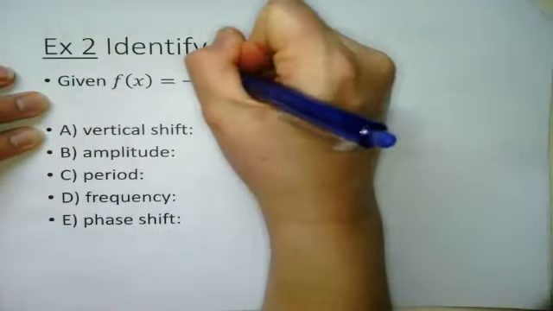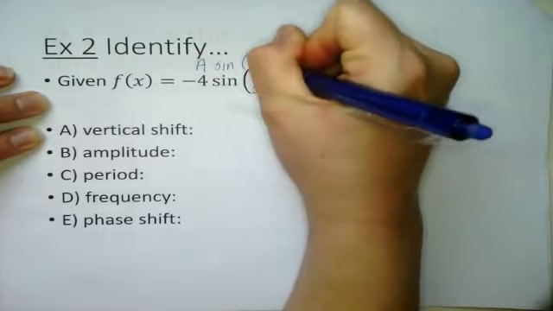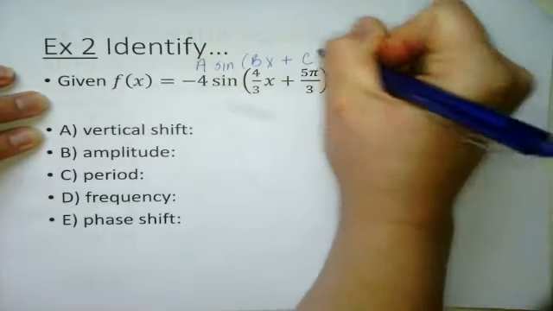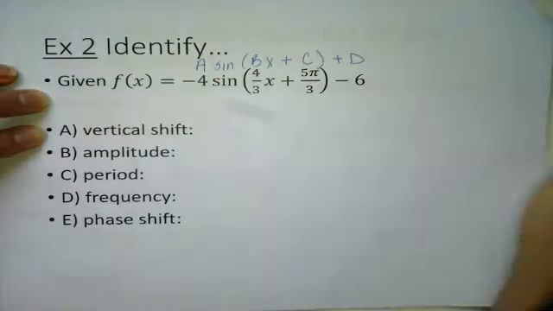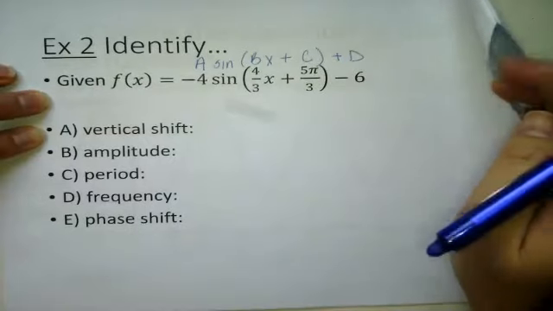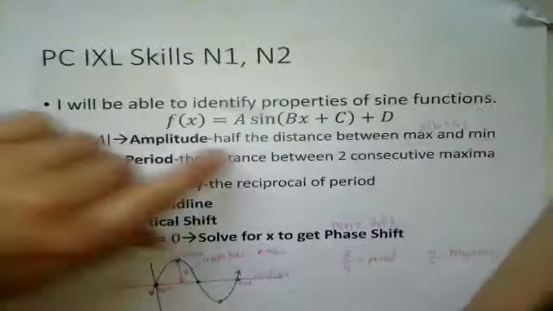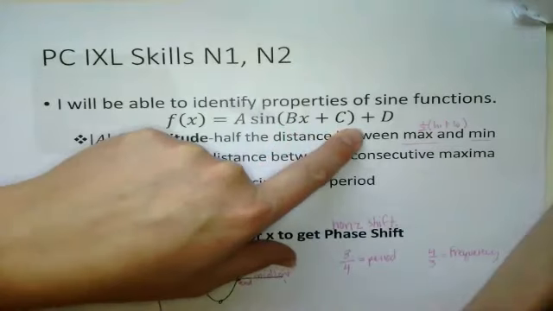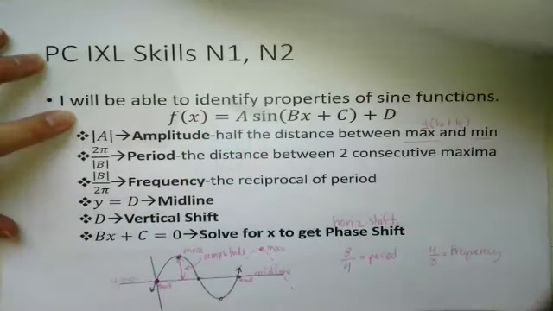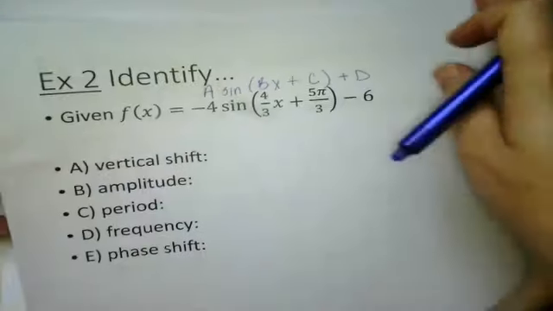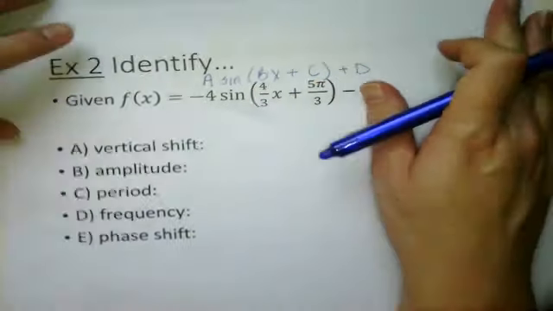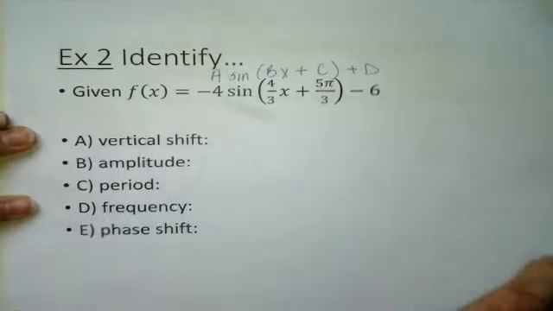Remember, we're working with the form A sine(bx plus c) plus d. That's the form IXL is basing their information on. Back at that first slide, bx plus c plus d, and that's important to know. We used bx minus c when we were doing this by hand, but it doesn't really matter.